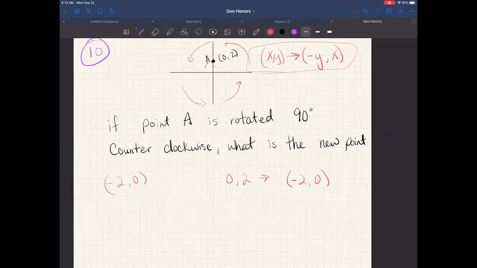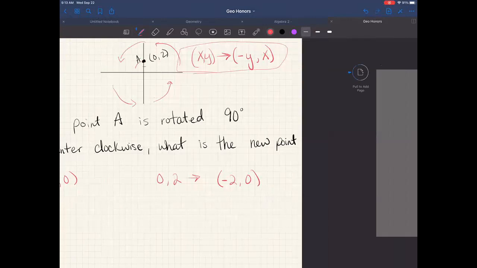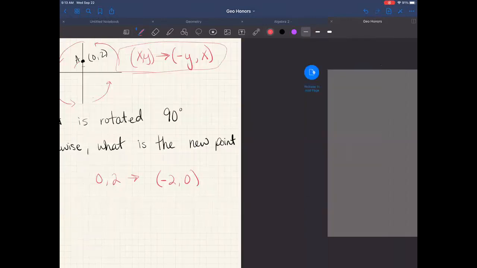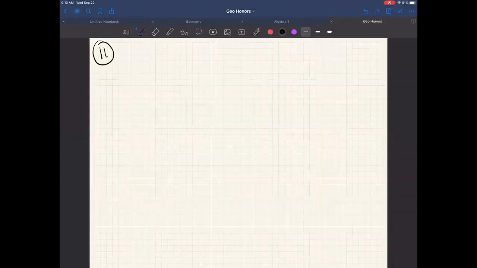Next one, number 11. I know you guys probably didn't expect it, but there's another graph. And this one is very difficult. So let me see if I can do this properly.